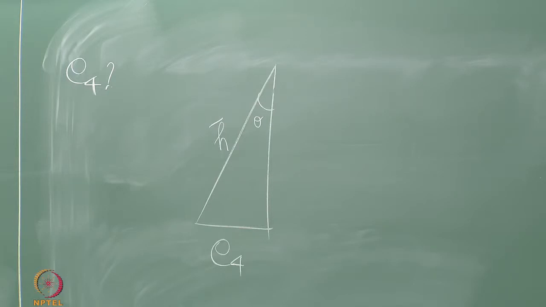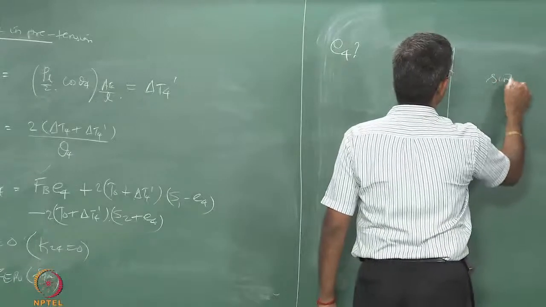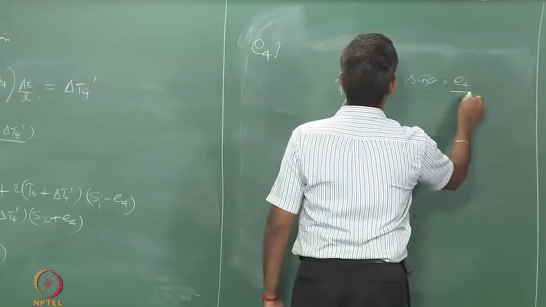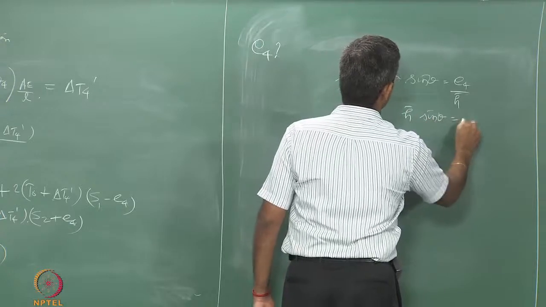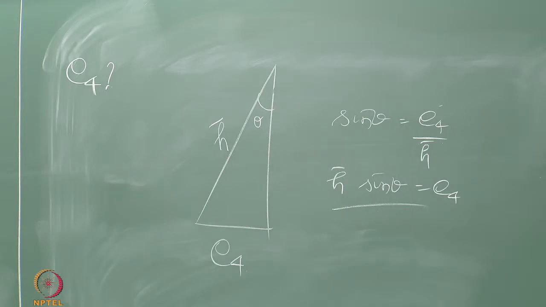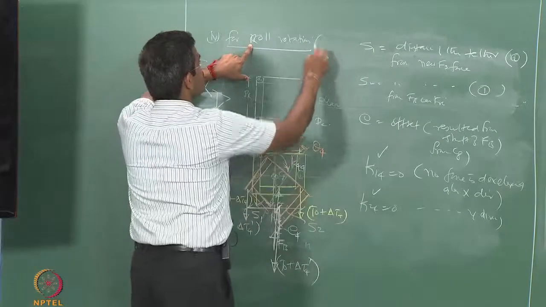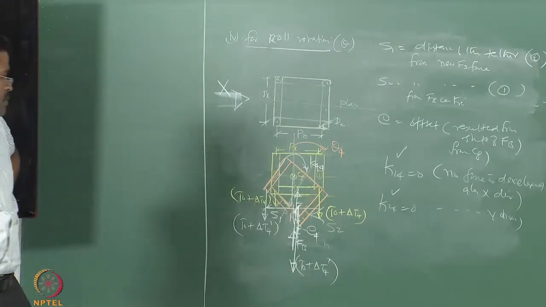So sin theta is E4 by H bar, so H bar sin theta can be E4. So E4 has now become a function of displacement, because theta is a displacement. That is the beauty of the whole problem.